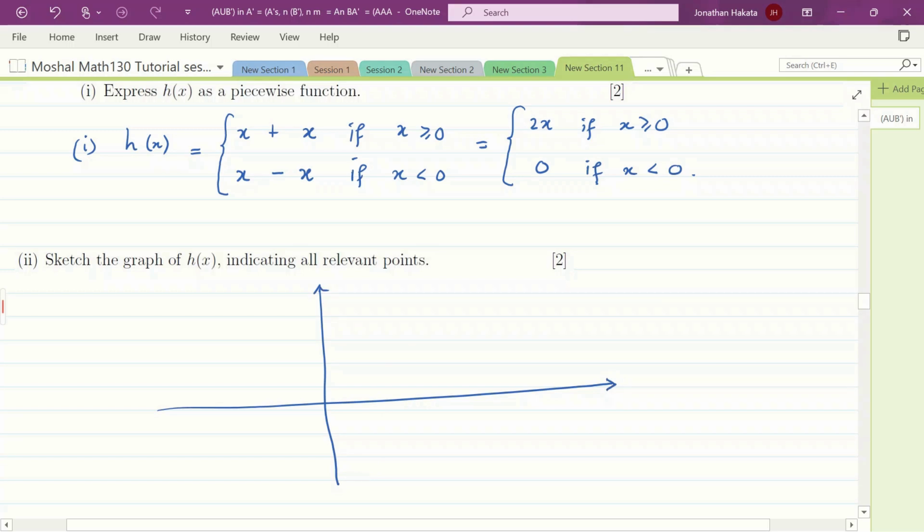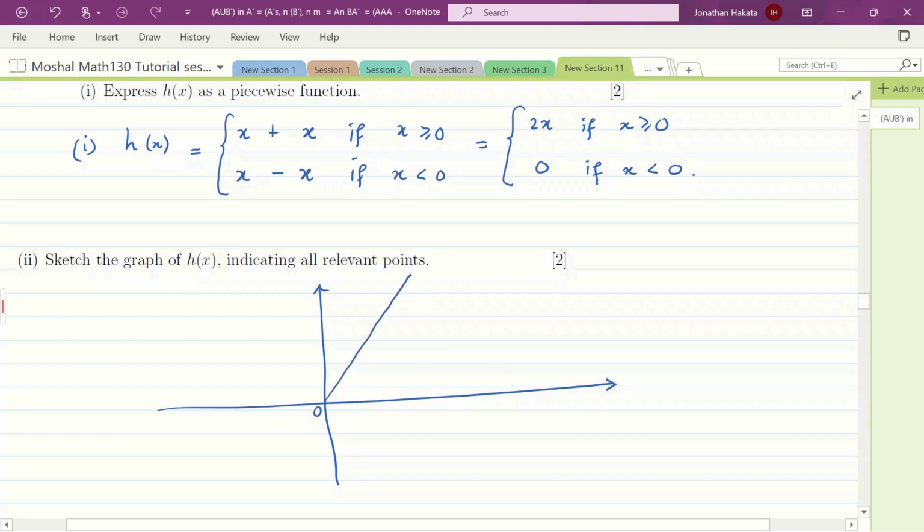Okay, now we are told that for x greater than 0, the function behaves as y equal to 2x. So this is the origin, y equal to 2x. If I take a 1 on x, the y value will be 2. It doubles. So it looks like this.